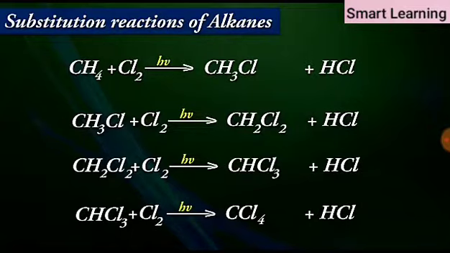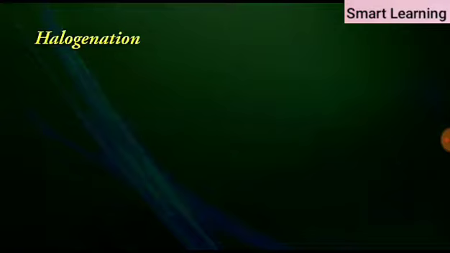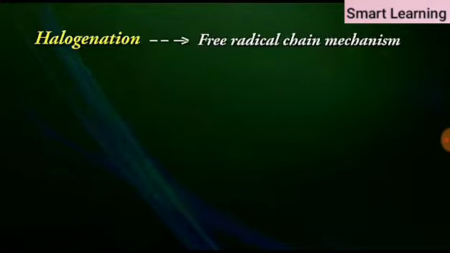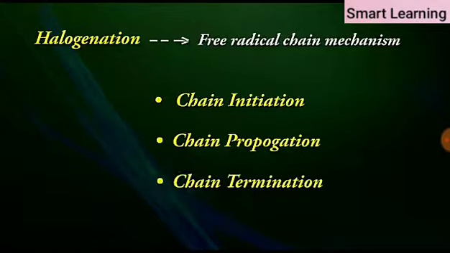It is important to note that halogenation is supposed to proceed via free radical chain mechanism involving 3 steps, namely chain initiation, chain propagation, and chain termination.